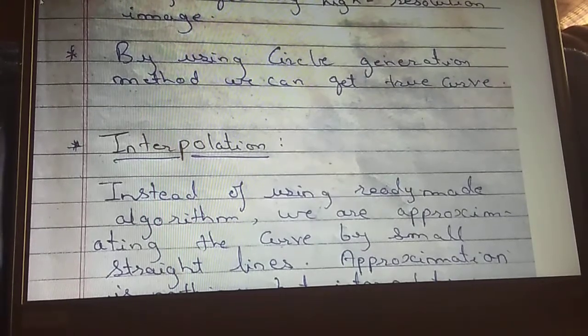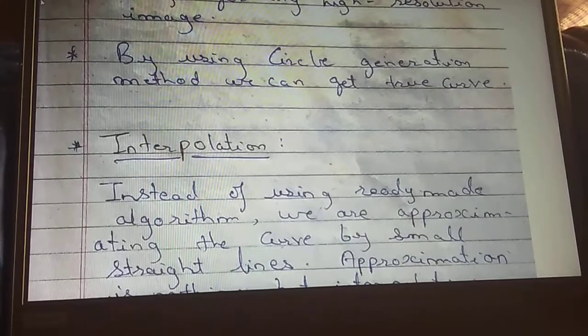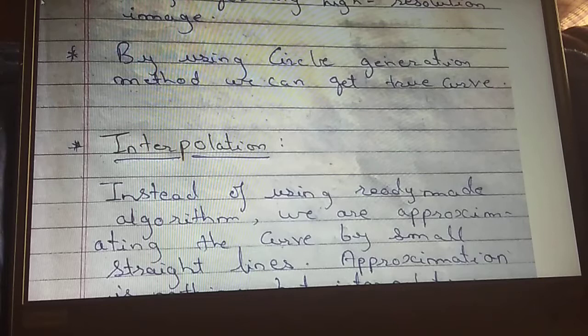Now this (x1, y1) will be the first point on the curve, right? Now to plot the second point on the curve, we have to use another equation. So this way we can use these equations and the given algorithms for generating.